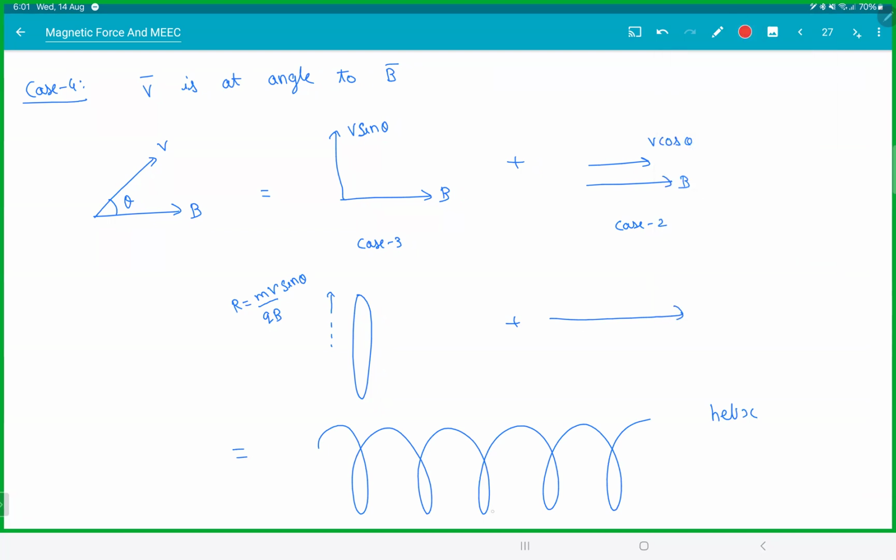The distance between 2 threads here is called pitch. So pitch is nothing but the distance traveled in one time period.